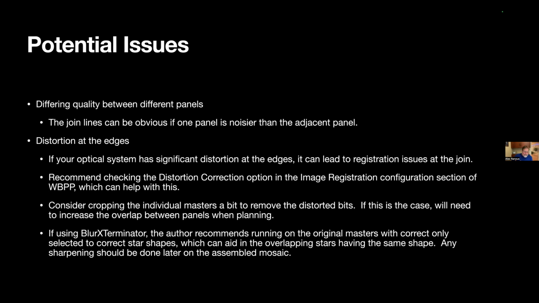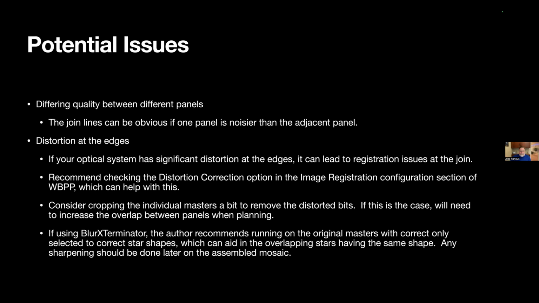Now, another consideration for doing mosaics is if you have significant quality issues between the different panels. Let's say you shot some interesting target, you shot a ton of data on it, and you want to expand it into a new mosaic, or just get the region around it so you can recrop it at a different angle.